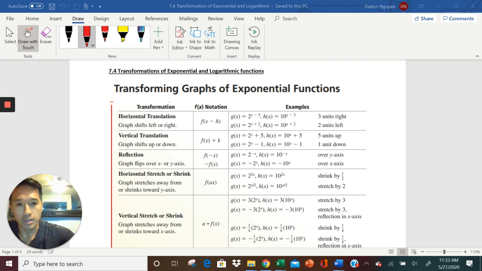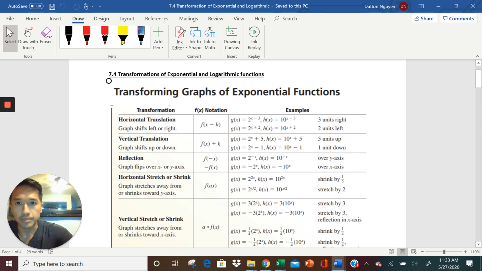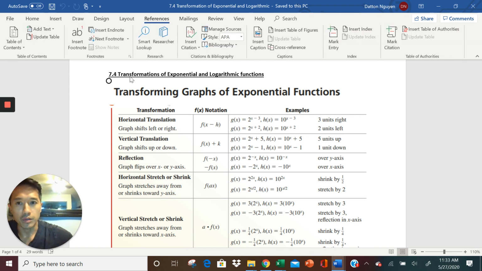If you look at the notes, yes, there seems to be a lot as usual, but there are a lot of examples on this page on how to describe the transformations here. Horizontal translation means f of x minus h.